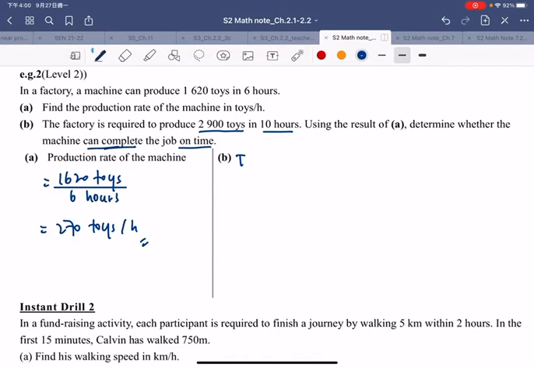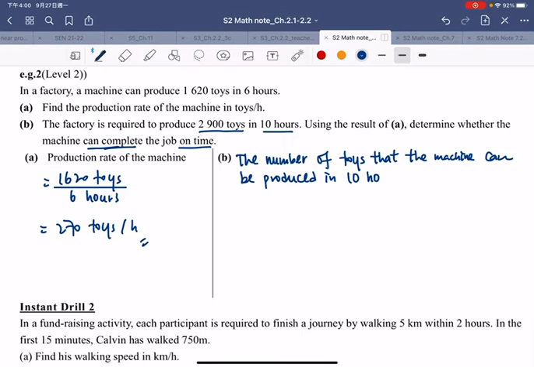So that is the number of toys that the machine can produce in 10 hours. So the answer in part A, 270 toys per hour, multiplied by the number of hours, 10.